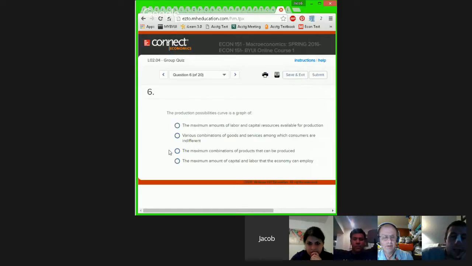I think it's either A or D, personally. It's A. I'm pretty sure. Why is that? Because it's the maximum amount that you can produce of two resources, and in A it shows labor and capital resources. It's the maximum of those two amounts, if I remember correctly, because it does show what is possible along that curve.